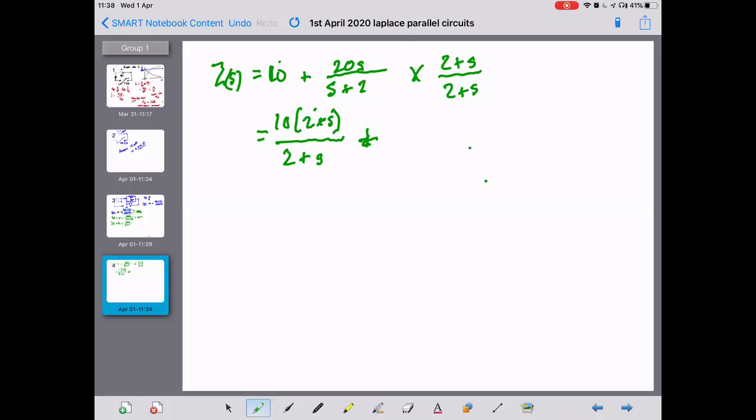So we're just multiplying this bit by that. So we have 20S. Can you see what we've achieved by doing that?